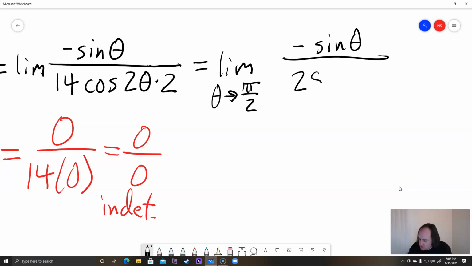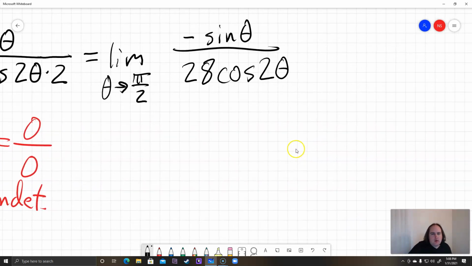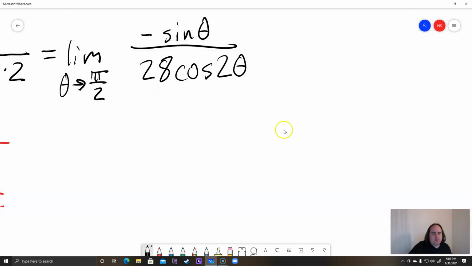So on the bottom we have 28 times cosine of 2 theta. Okay, and then what do we do from here? Well, all we really have to do at this point is plug in once again, and hopefully we won't have to take the derivative a third time.